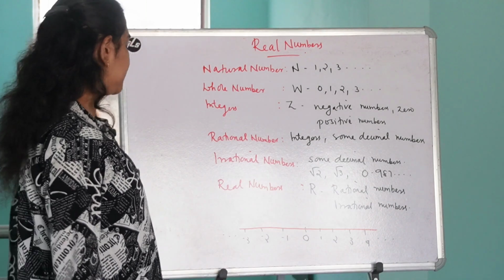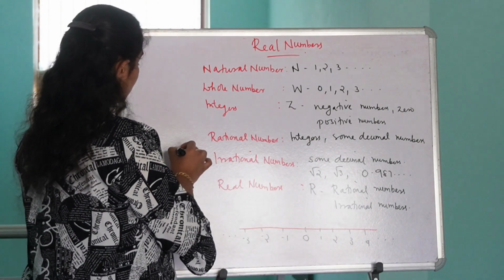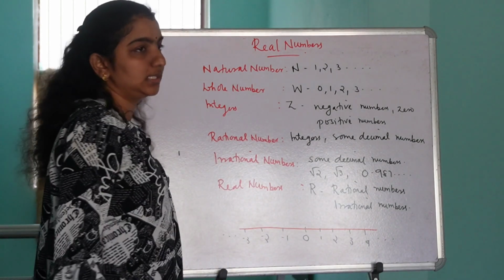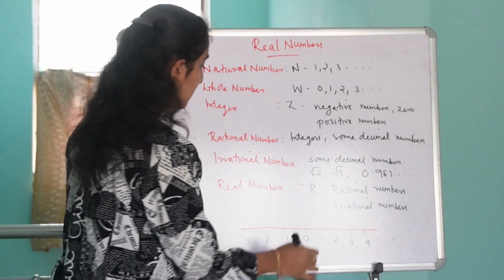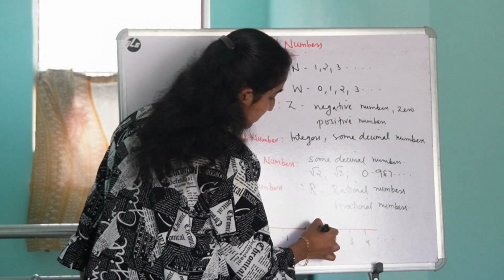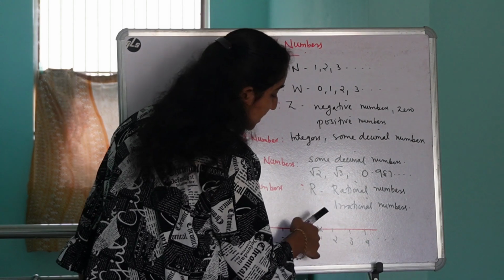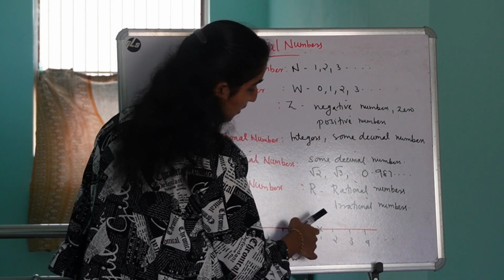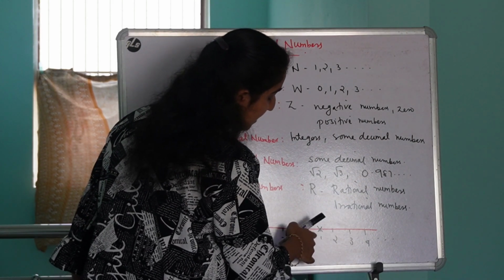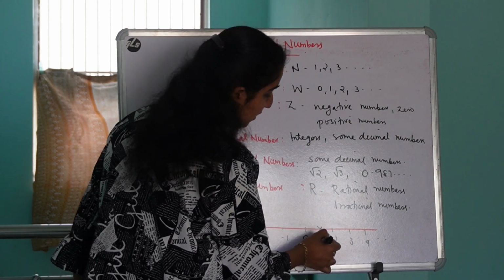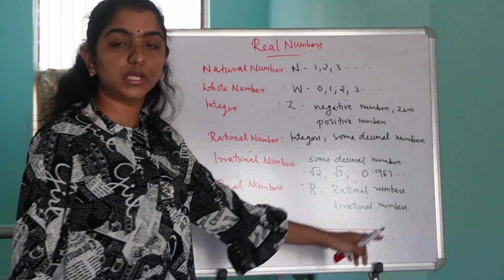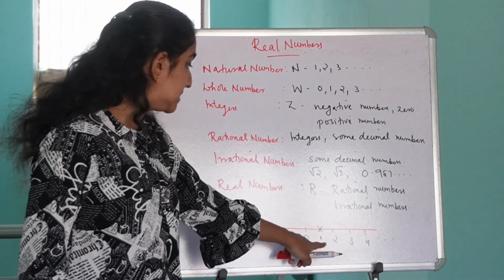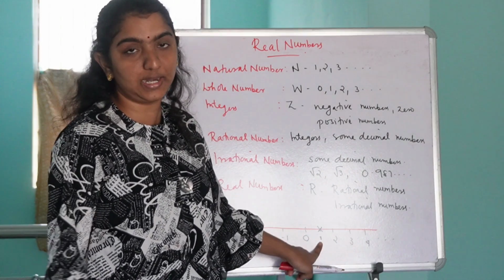Say for example, suppose we want to find the point representing the real number 1. Only this point on the number line represents the value 1. No other point on the number line represents the real number 1.